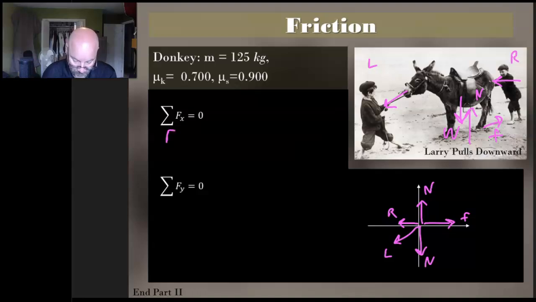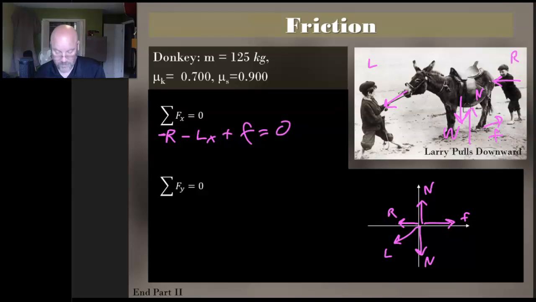So I've got R to the left, and then L, but we have the X component of Larry's effort. Okay, and then plus the friction is equal to 0.